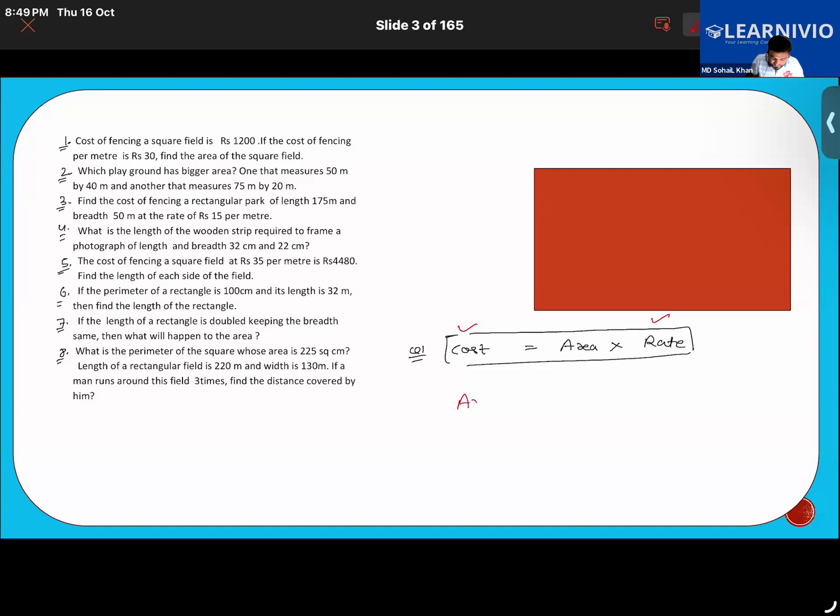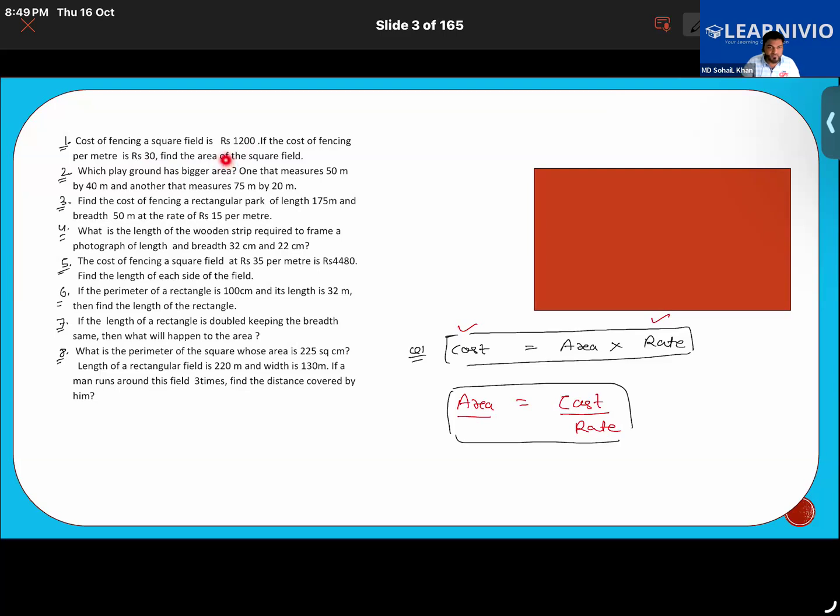We will write area on this side because we need to find the area, and that is now going to be cost divided by rate. So we have to divide 1,200 by 30.